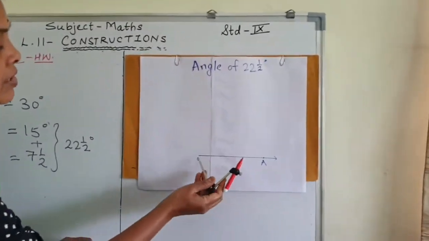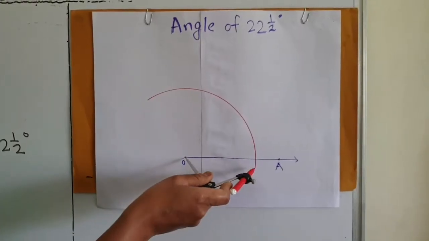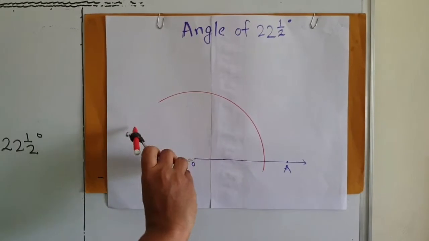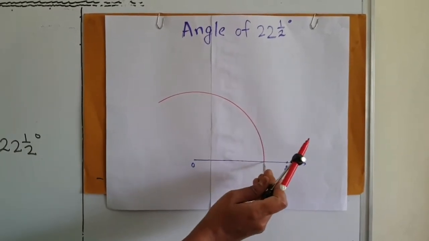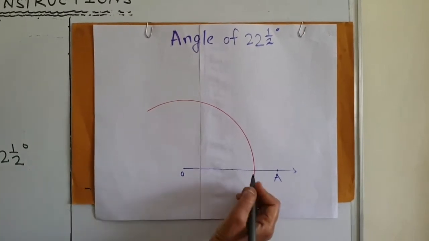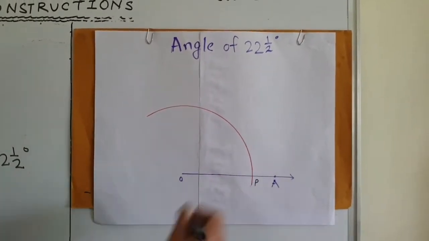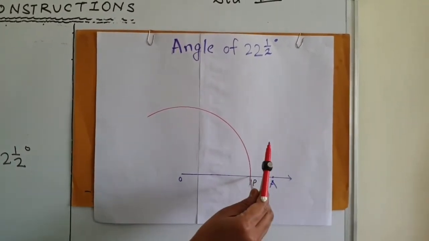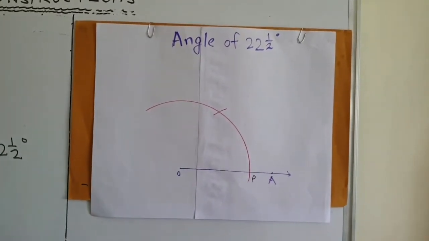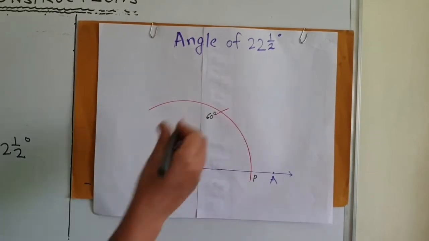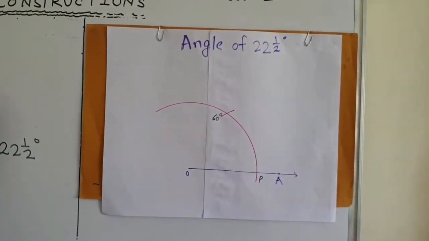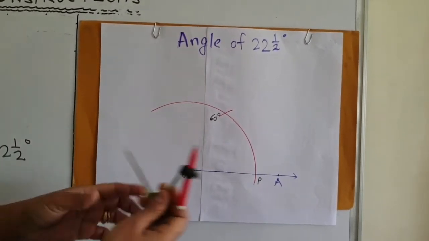So first of all, construct a 60 degree angle. So with some radius and O as center, we have drawn this arc. Now with the same radius and this intersecting point of ray OA, we will name it as P. From here we are drawing an arc. So this arc gives us 60 degrees. We don't want this. We want half of it, 30 degrees.